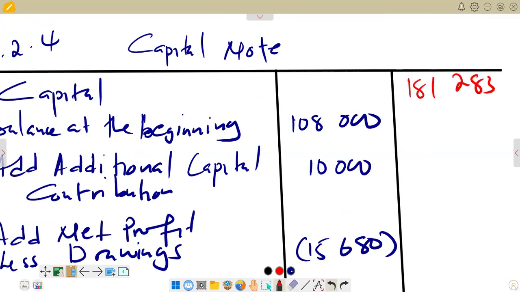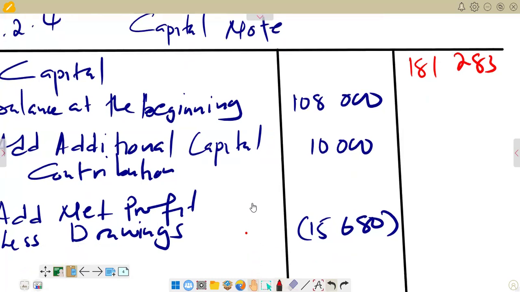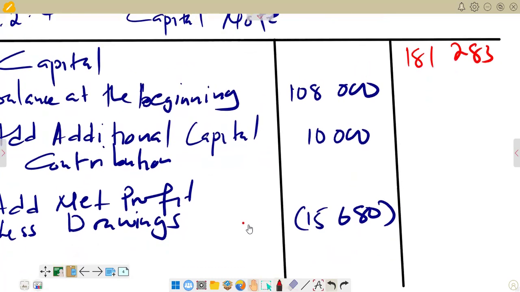So you can always find the figure for net profit as a balancing figure. So what we are saying is if you are given it as 181,283, this figure you can easily find by saying 181,283, we add 15,680, then we subtract 10,000, subtract 108,000.